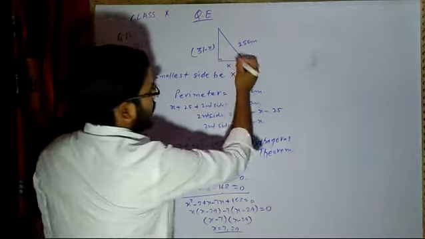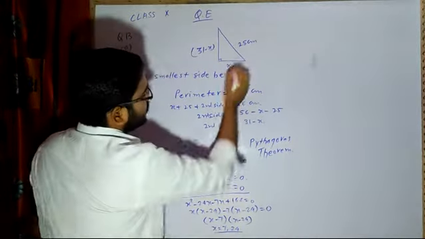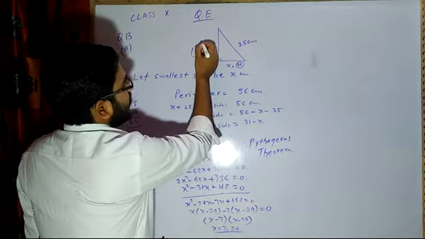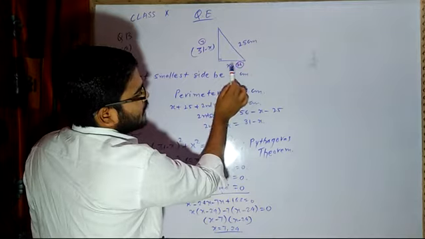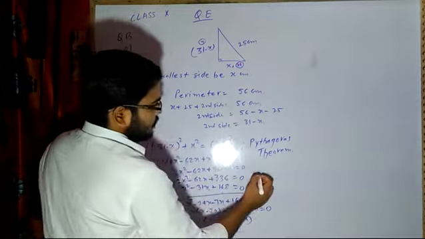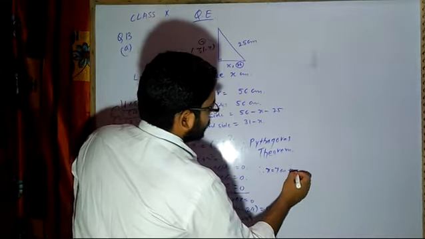This is my smallest side. If I have taken x to be the smallest side, if I put x is equal to 24 for an example, just an example I am saying, then if I subtract, I will get 7 here. But this is incorrect, because I have taken x as the smallest side and 24 cannot be the smallest. So my smallest value will be, therefore, x is equal to 7 centimeter.